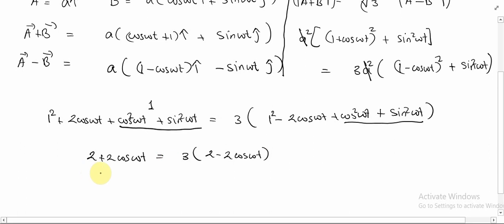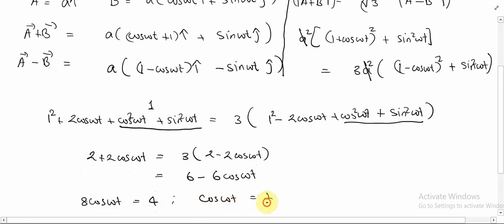Okay, now just simplify this, so 3 into 2 is 6 minus 6 cos omega t. Now bring this 6 cos omega t to this side, so that will be 8 cos omega t is equal to 6 minus 2, that will be 4, or you can write cos omega t is equal to 1 by 2.